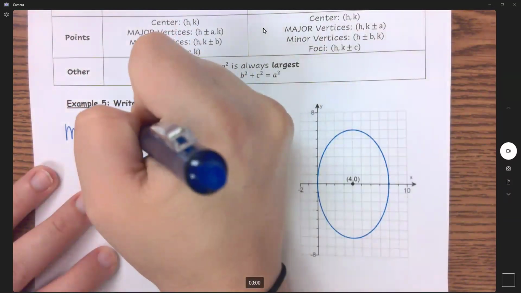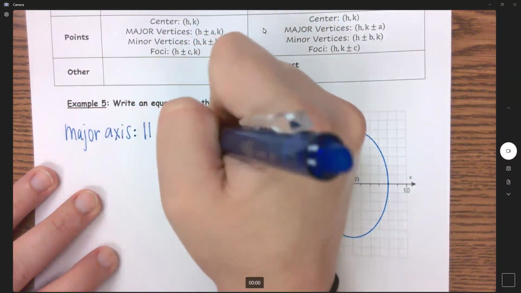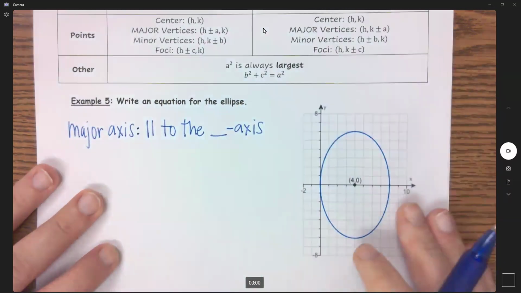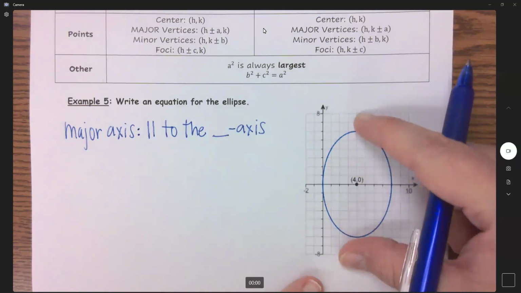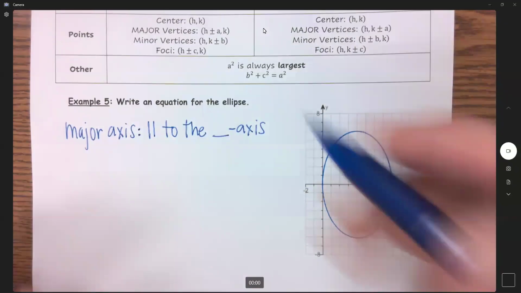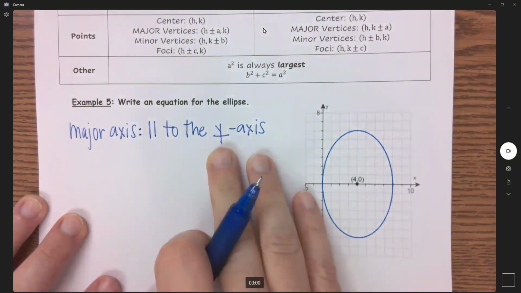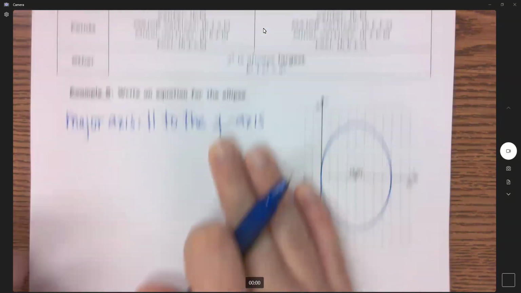So my major axis is parallel to the blank axis. And it's parallel to what? Well, my major axis is elongated along the Y. It is parallel to the Y-axis. So because it's parallel to the Y, we need to use this version here of my formula.